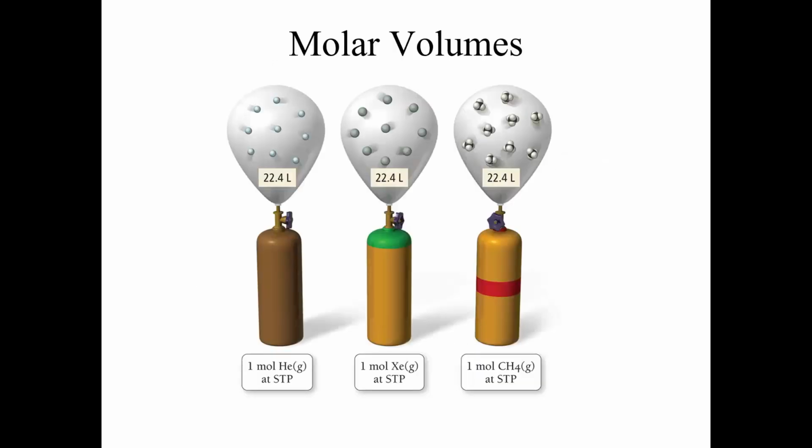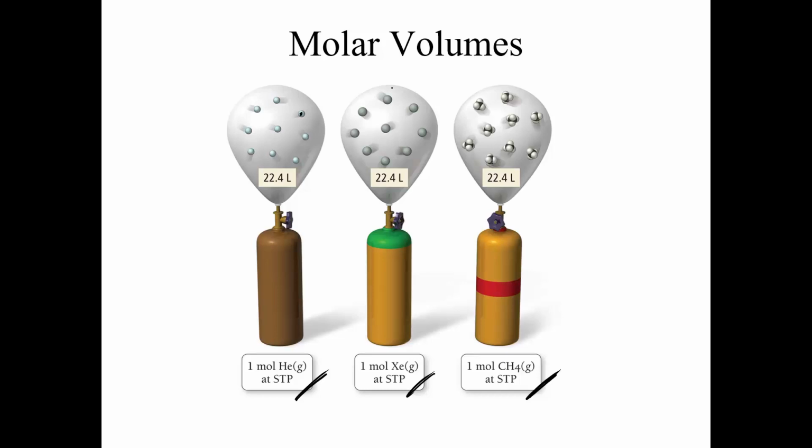So just to get the point across here, if we pressurize a vessel here, a balloon, with ideal gases here, helium, xenon, and methane. So at those temperatures, well, xenon and helium are ideal gases. Methane is not, but methane acts as one, because the intermolecular forces are so weak that at STP it is a gas, and they all occupy 22.4 liters.